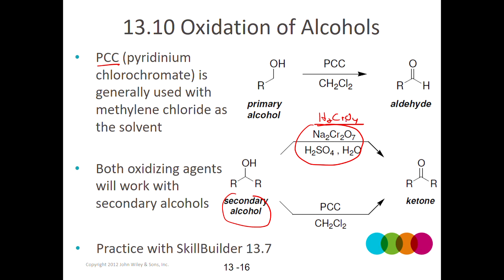But either of those sets of reagents are the same, and they will oxidize a secondary alcohol to a ketone. PCC will also do the same thing. PCC won't further react any carbonyl. It won't further react an aldehyde, it'll stay as an aldehyde.